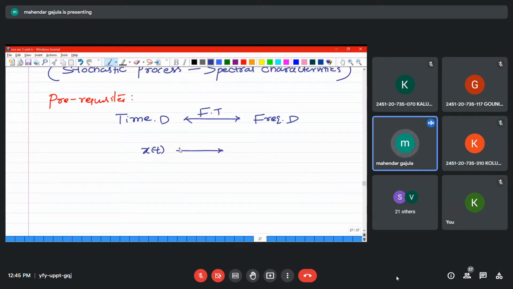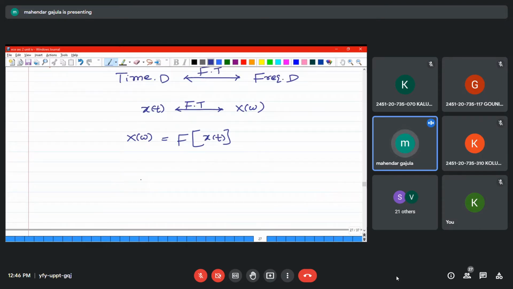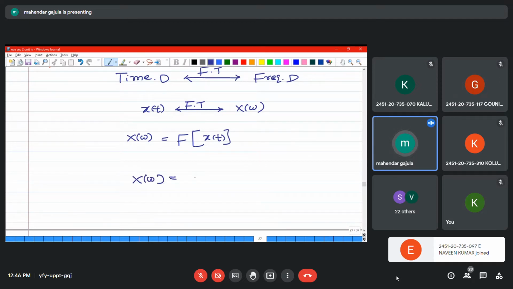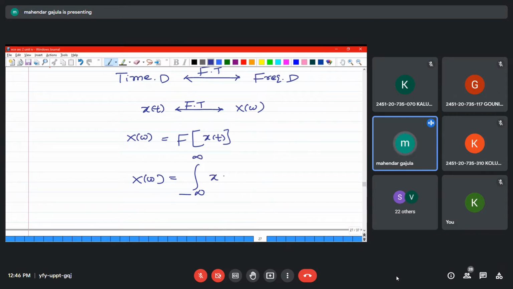On applying Fourier transform on this, it converts into frequency domain X(omega). So X(omega) can be written as the Fourier transform of x(t). I'm going to write the Fourier transform formula: X(omega) equals integral from minus infinity to plus infinity x(t) e power minus j omega t dt.